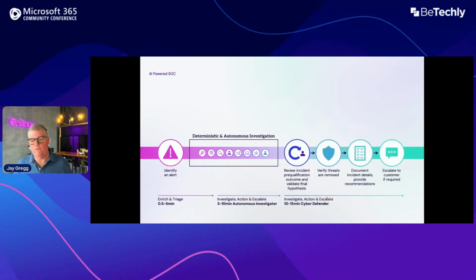As a threat advances and gets more challenging, again, we utilize that AI-powered SOC to enhance a human's ability to make a decision on the validity of the threat. Threats sometimes look like benign positives or false positives, but at the end of the day, we have to be helping that human make that decision. So we again run through a full process. It's AI backed and supported.